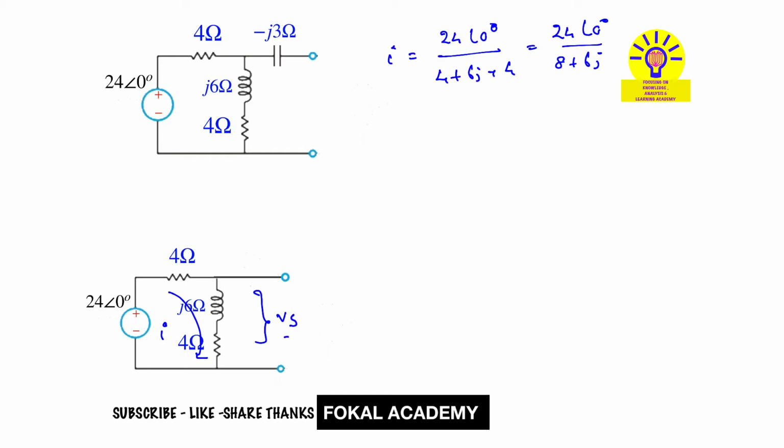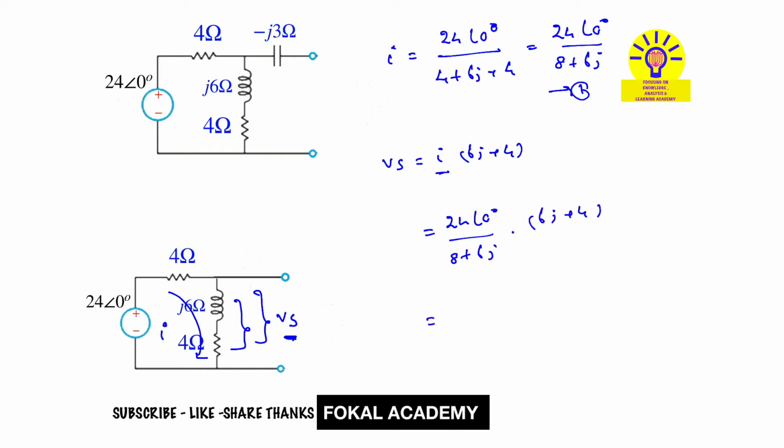But here we want Vs, so Vs equals I into this impedance, that is 6j plus 4. I we got from this equation. Now substitute: 24 angle 0 divided by 8 plus 6j, into 6j plus 4.